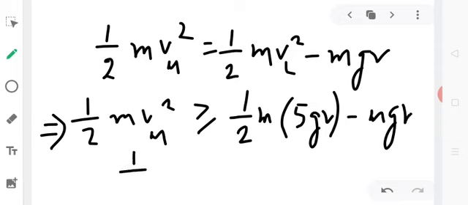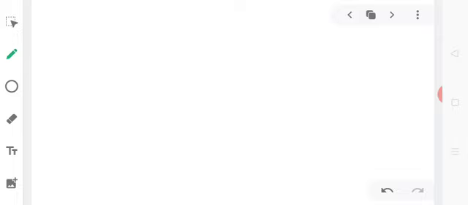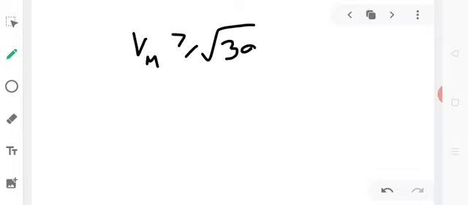So you get half m Vm square to be greater than or equal to 3 by 2 mgr, or we get Vm to be greater than or equal to root over 3gr.